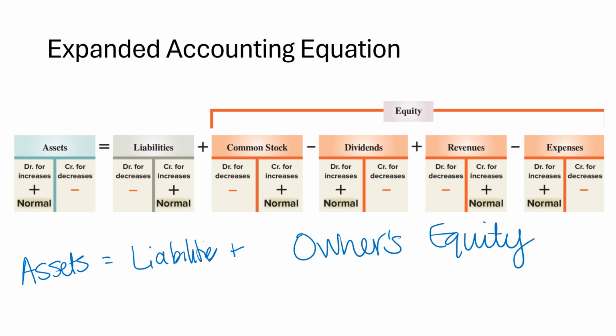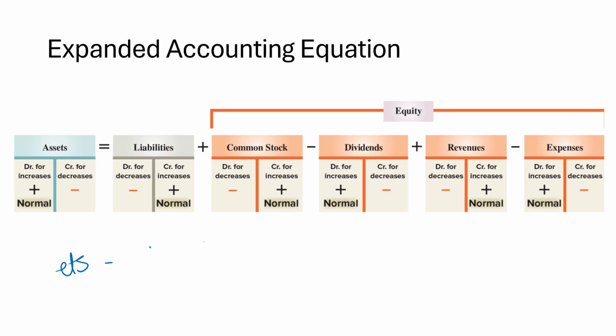But this is just showing how owner's equity is actually calculated within that category itself. We've already talked about the equity calculation before, but now it's just showing this with the T accounts.